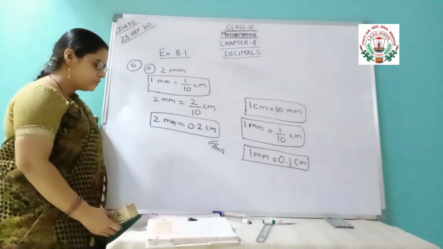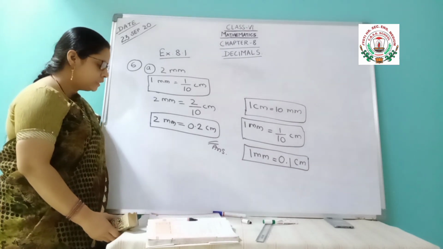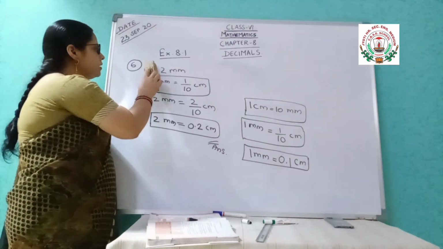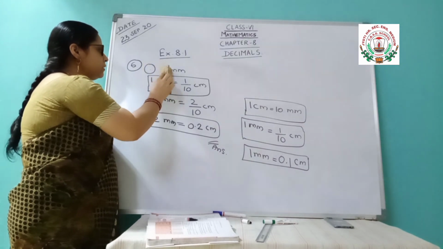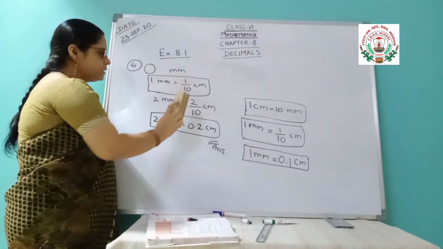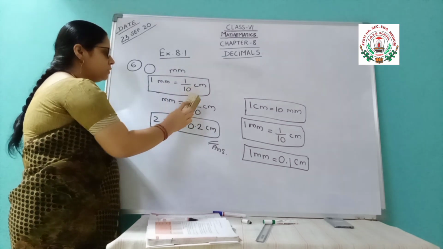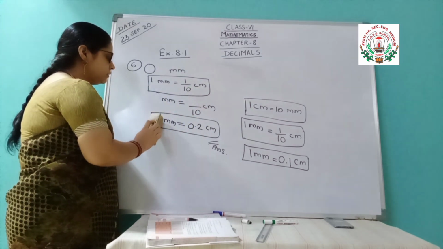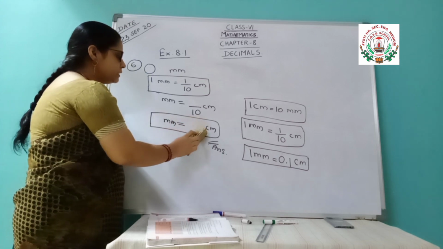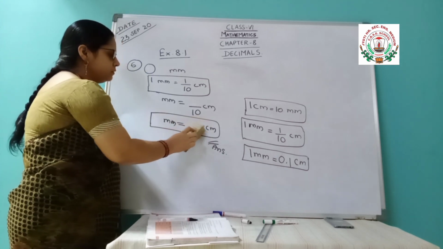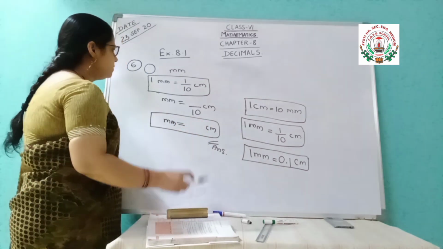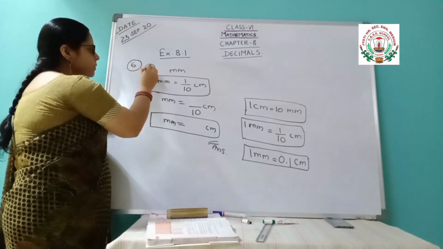Coming to the next part, that is B, 30 millimeter. Now instead of 2 millimeter, 30 millimeter is given. Same conversion factor will be used. Instead of 2, you have to write down 30. So only this answer will change. Rest everything, units and all, will be the same. This is solving the B part.